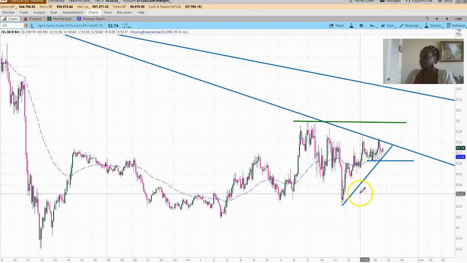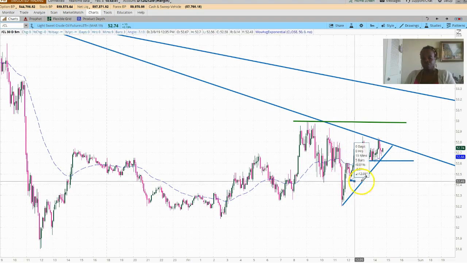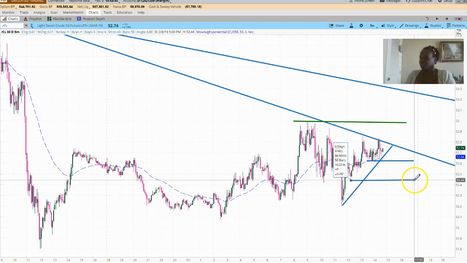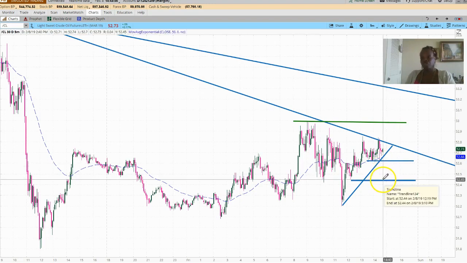And then a target could be this pullback here. This is the last area where the market pulled back. It created that area of support. So if you decide to wait for the price to break or close here, then you can say this is going to be my target.